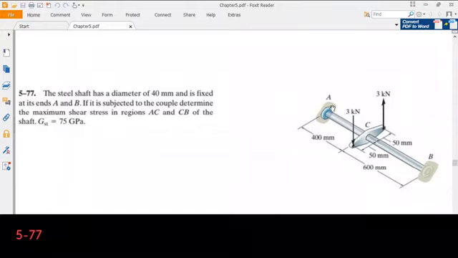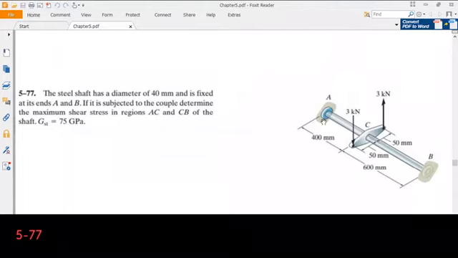In fact, as we see from the figure, this problem is hyperstatic, or in other words, statically indeterminate. We cannot calculate the reaction forces at support A and B by using the methods that we have in statics.